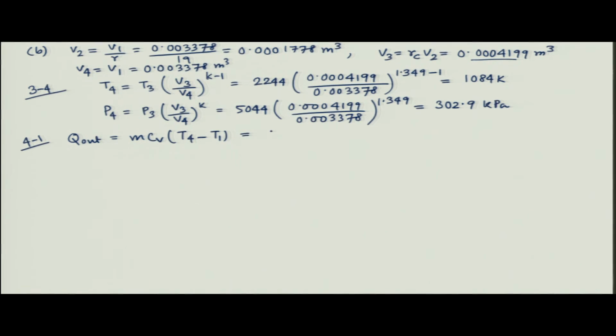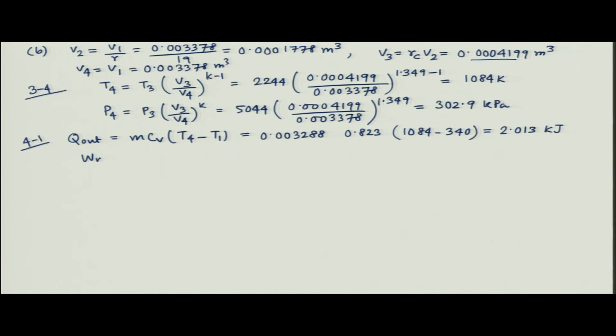Now, mass in the cycle is 0.003288 kg, and Cv is 0.823 kilojoule per kg Kelvin, and T4 minus T1. So, T4 is 1084 and T1 is 340 Kelvin. So, if you take the product, you will get 2.013 kilojoule. So, that is the Q out.